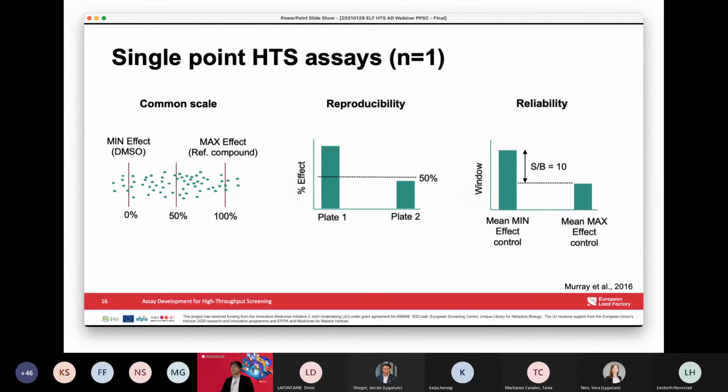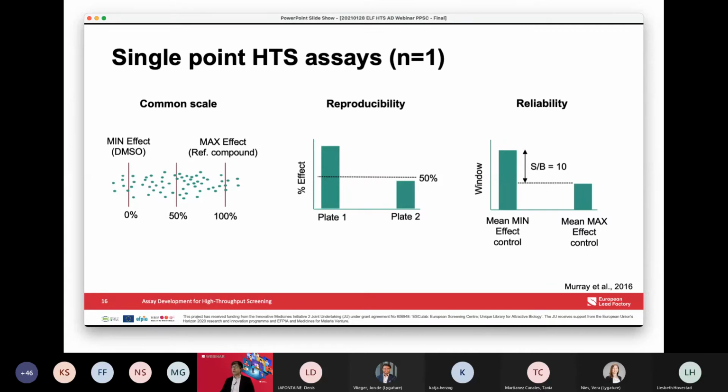So reproducibility is also an important aspect. If we have, let's say, a cutoff of 50% and we test the compound on one plate and you have 90% activity, and on another plate you have 40% activity, that means that identifying hits is going to be challenging because of lack of reproducibility.